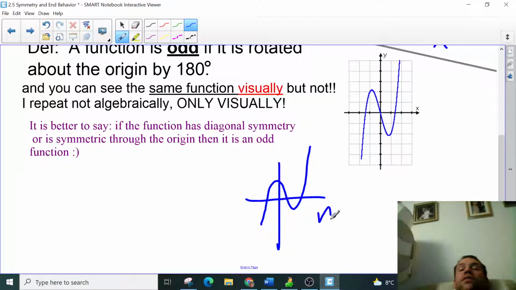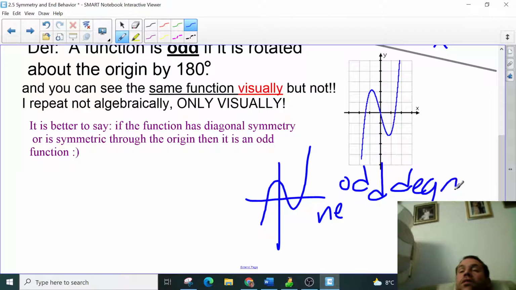So this would actually be an odd degree polynomial function, because it goes in opposite directions like that and that.